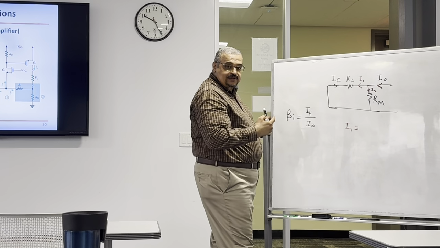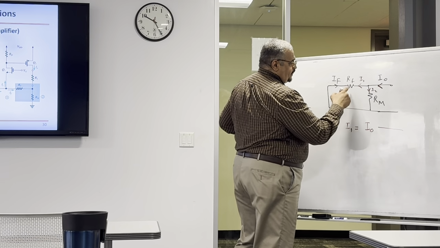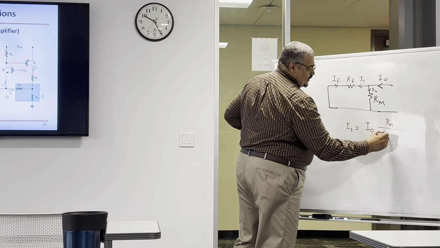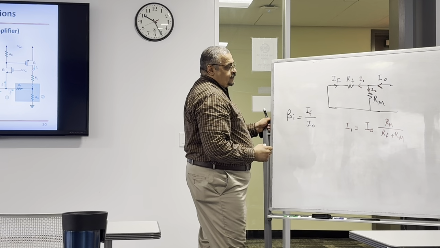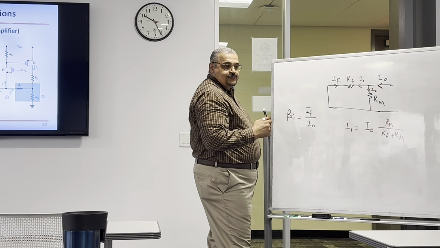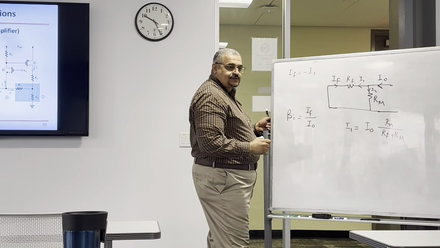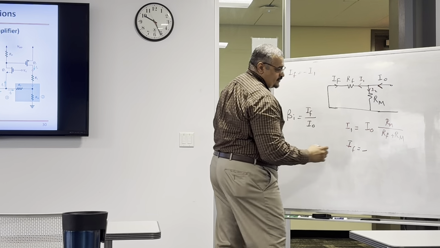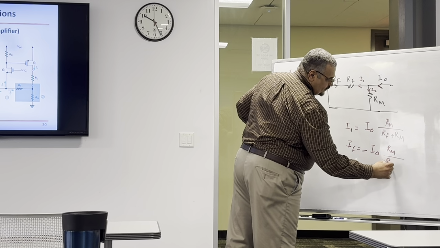It's a current divider, right? So I1 is IO times this resistance, RM divided by RF plus RM. You agree? And what's the relationship between I1 and IF? They're equal and opposite, so IF is negative I1. In this case, IF is negative IO times RM over RF plus RM.